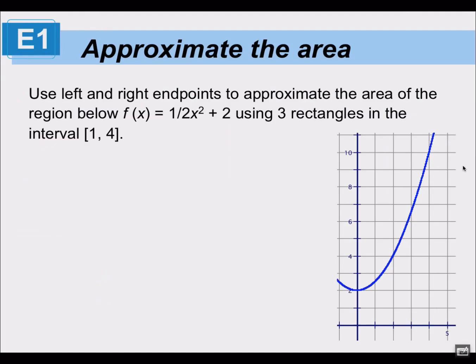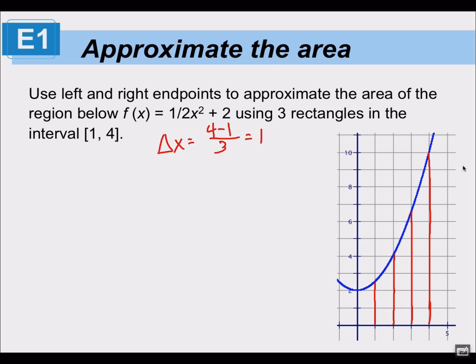So if I'm going from 1 to 4 with 3 rectangles, how wide is each rectangle? 1. So delta x is equal to 4 minus 1 divided by 3, which is 1. We'll start this one nice and easy. Starting at 1, I'm doing another one at 2, another one at 3, up to 4.